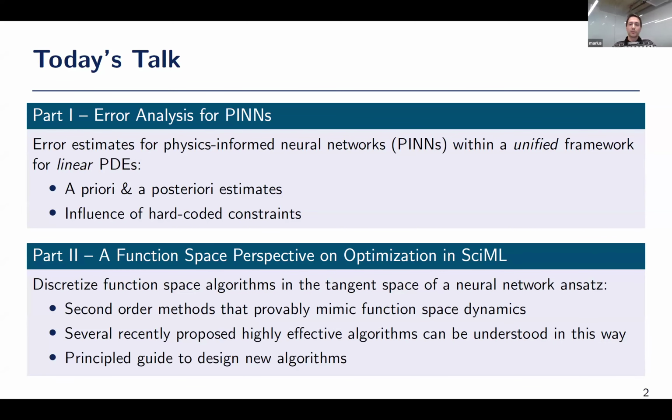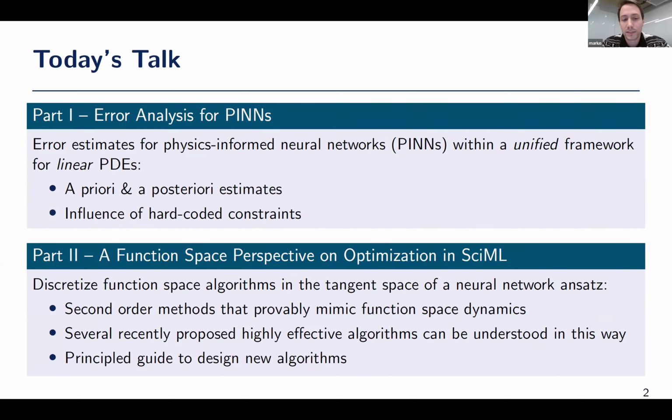In the second part of the talk, we'll change gears a little bit and look at optimization methods, not only for physics-informed neural networks, but also generally for problems in scientific machine learning. When I say scientific machine learning for this talk, I mean I collect methods like neural operators, physics-informed neural networks, and variational Monte Carlo with neural network ansatz functions all together in that name.